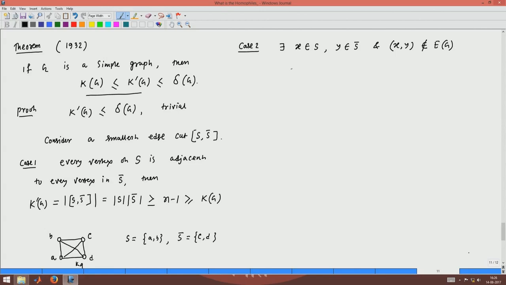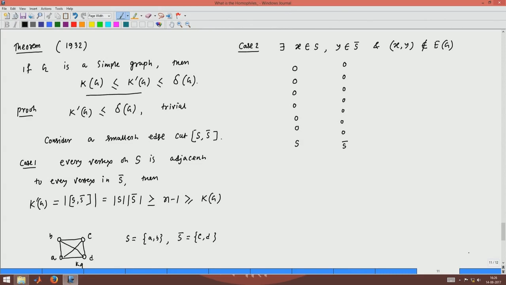Try to think in this way. Suppose these are the vertices in S, and these are vertices in S complement. It is not a bipartite graph.